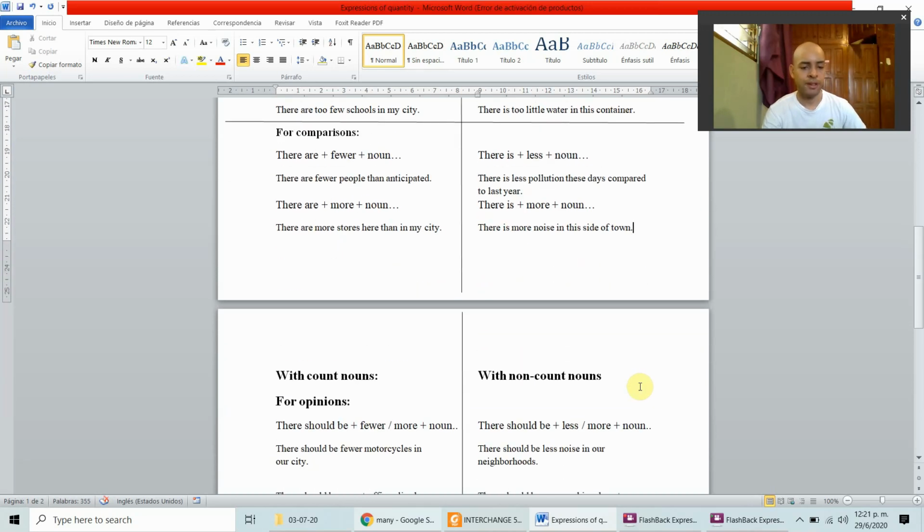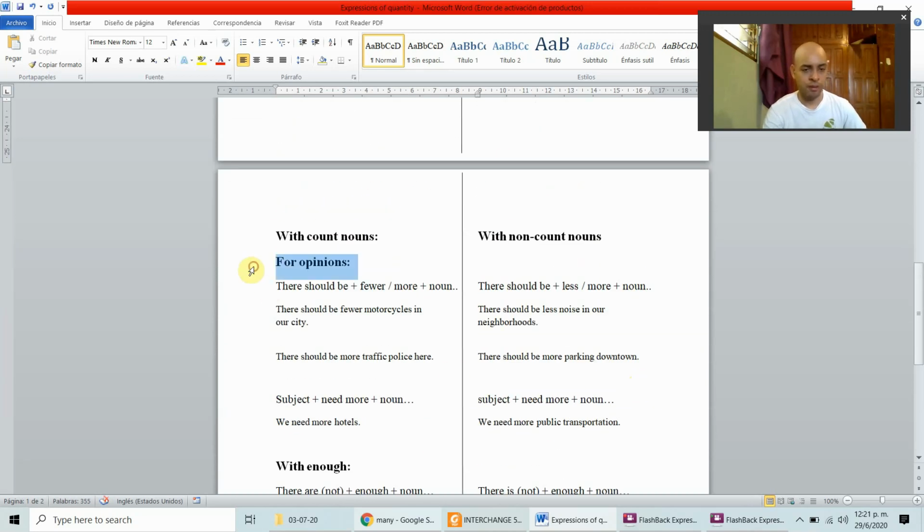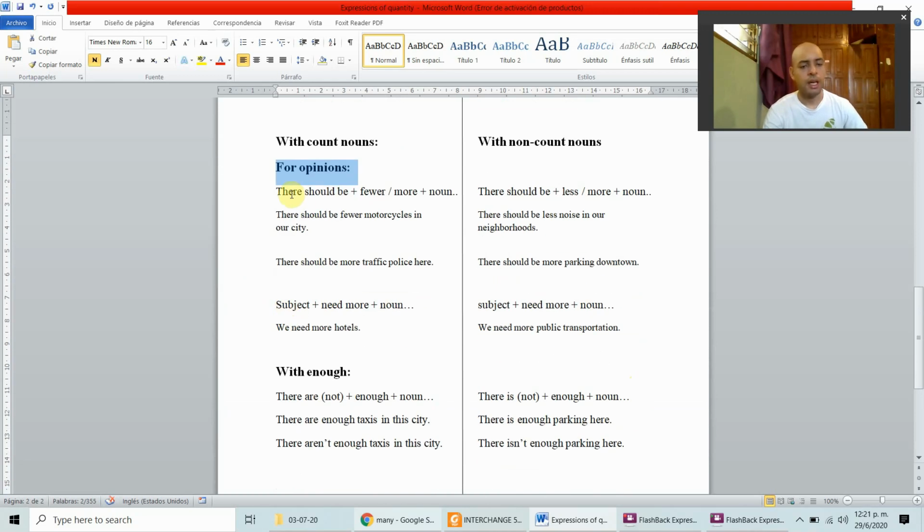Again, for comparisons. Now for opinions, there should be fewer or more plus noun. There should be fewer motorcycles in our city. You are saying that you think there must be fewer.